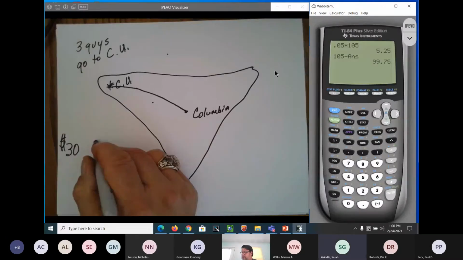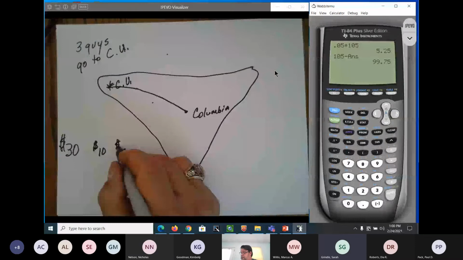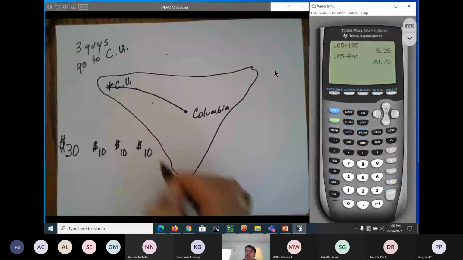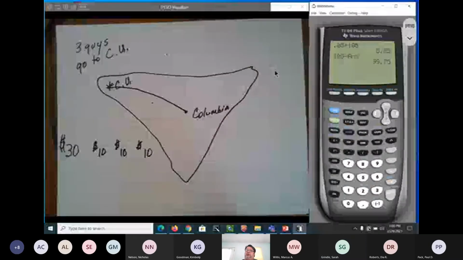Everybody with me? Yep. So the guy gives them $30 and they go up to the room. And just as soon as they get to the room, the manager says, I overcharged them. That room has a leaky faucet and it drips all the time. So I'm going to charge them $25.